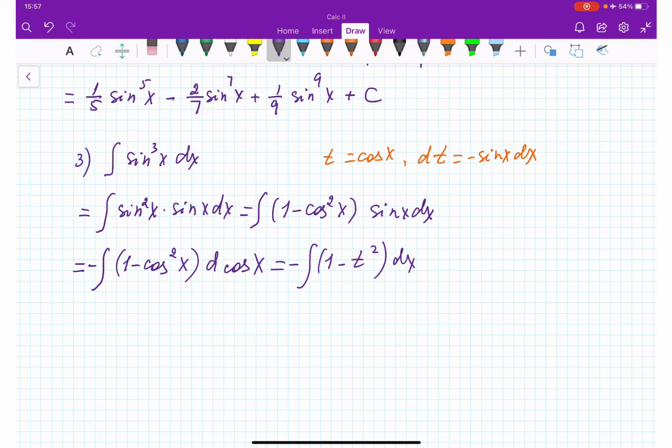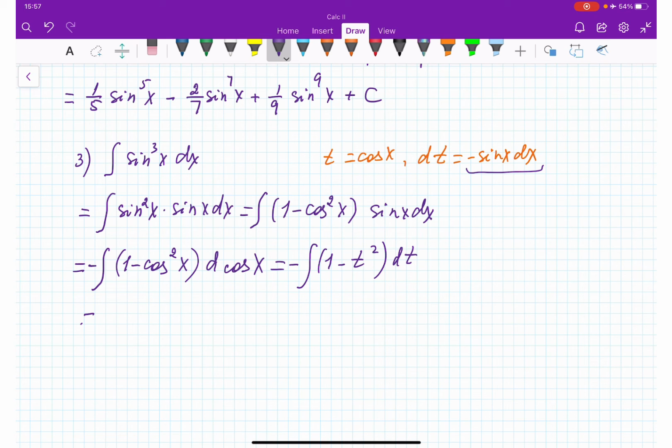Okay, so where from I got this negative sign? So from here, see, sine x dx. So sine x I squeezed under dx, I got cosine x, right? And because here is dt, because we are substituting cosine x with t, therefore that's the reason I switched to cosine, so I can replace it with dt in this case.